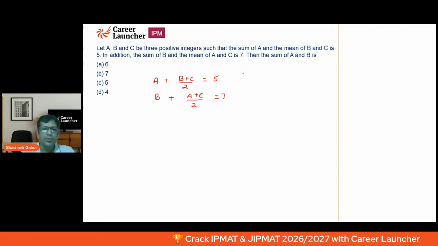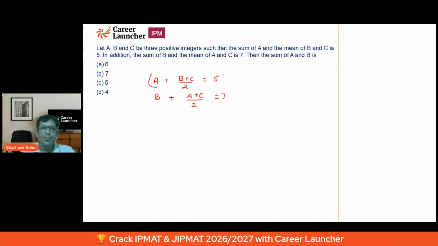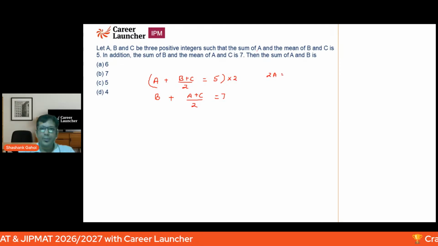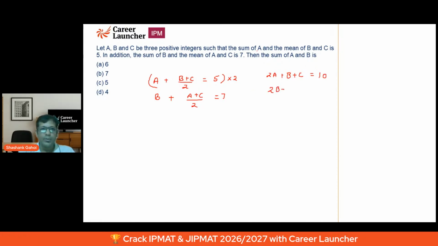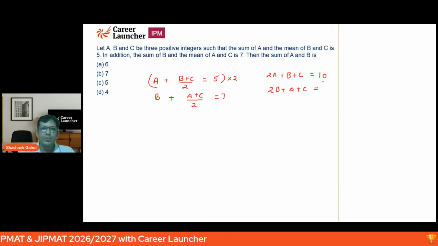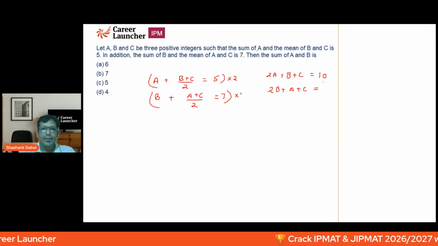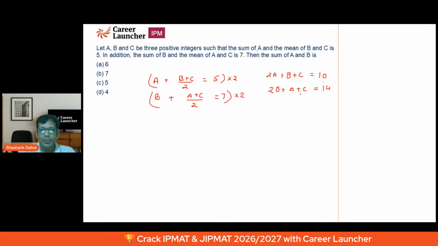First equation I am multiplying by 2. So I am going to get 2A plus B plus C, and that's equal to 10. Second, I am multiplying by 2. I am going to get 2B plus A plus C, and that's going to be 14.